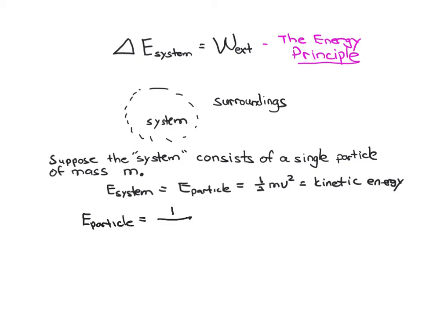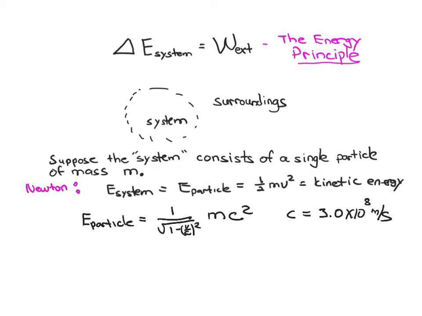It's equal to 1 over the square root of 1 minus v over c, quantity squared, times mc squared, where c is the speed of light in a vacuum, which has a value of 3 times 10 to the 8th meters per second, a very high speed indeed.